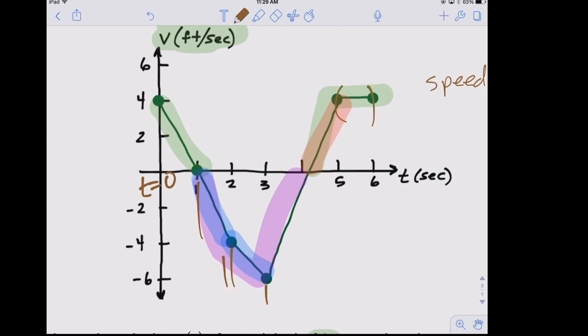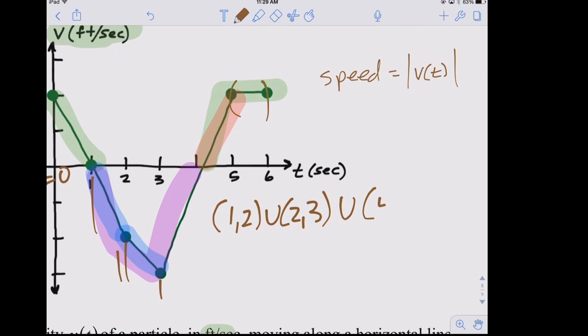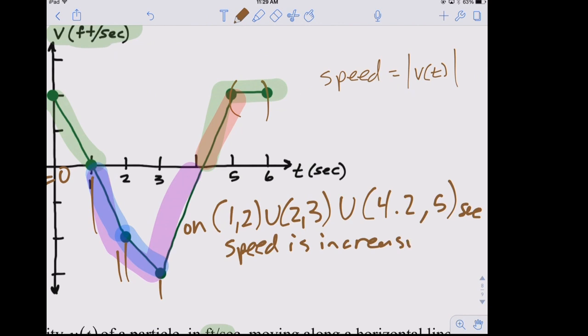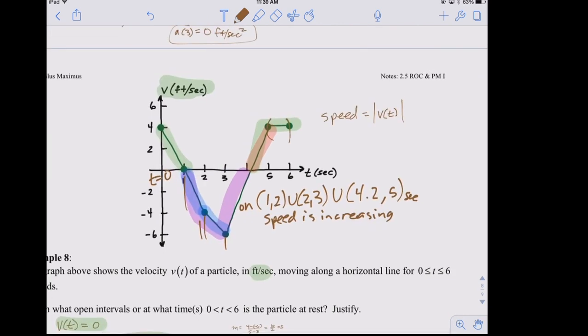So on the open interval from 1 to 2, union 2 to 3, and then from, of course, 4.2 to 5 seconds, the speed is increasing. So we'll say on that interval, speed is increasing, because the y values and the slopes are the same sign.